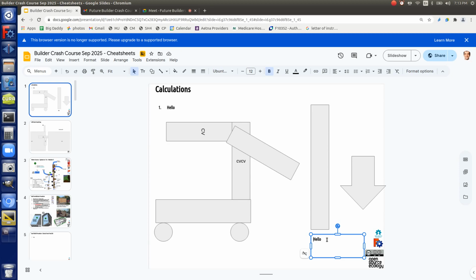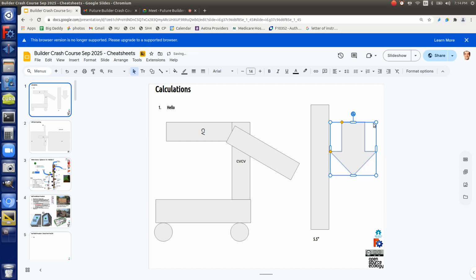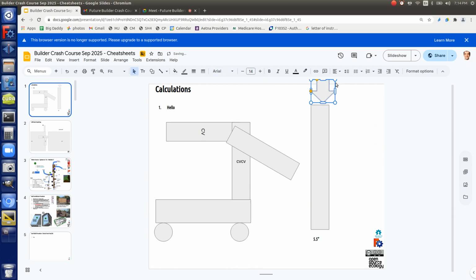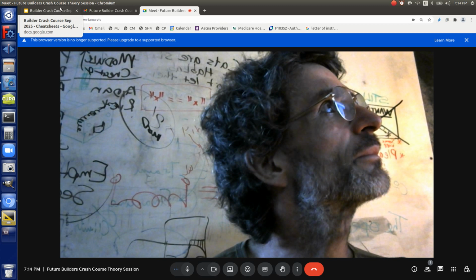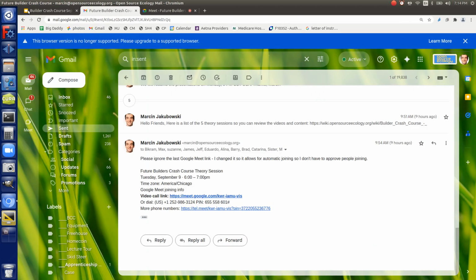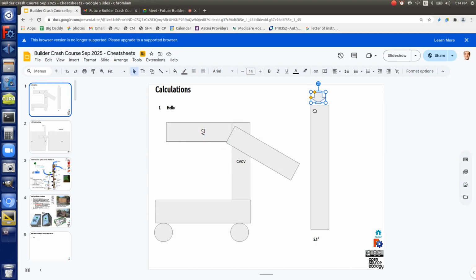So take a look at this. If your wall is 5.5 inches at the bottom, what happens? You've got the force going, you've got load on the top. Are people still looking? Yeah, they're still on there. So say you've got a load on the top, which is the entire weight of the house.